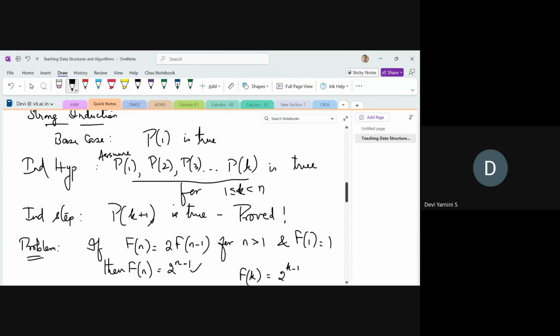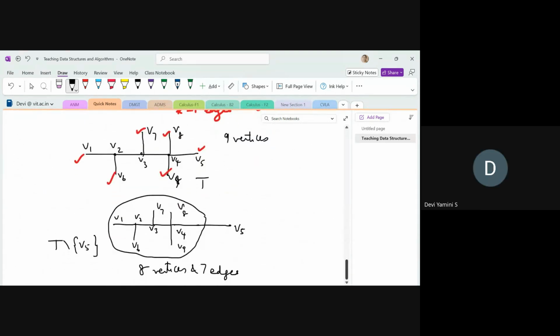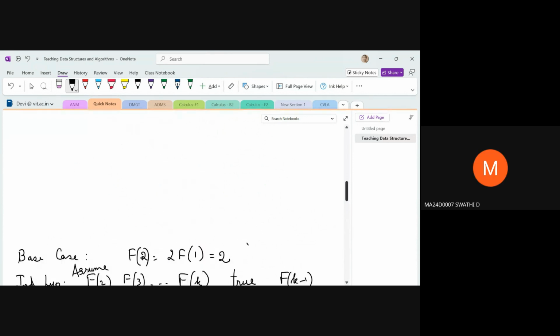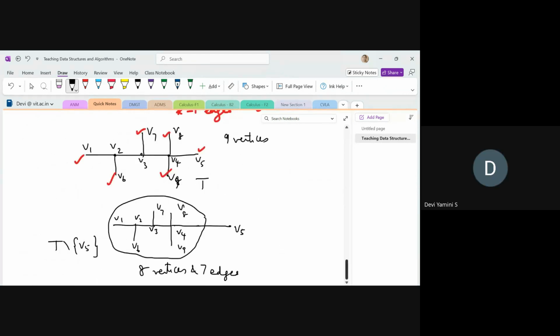Any other doubts? Yes. Ma'am, the last graph theory question in the mathematical induction explanation.